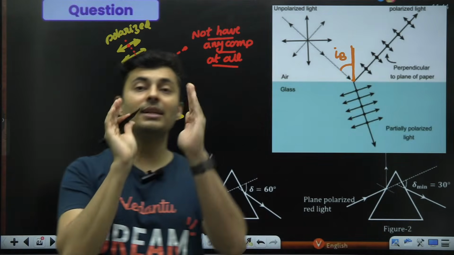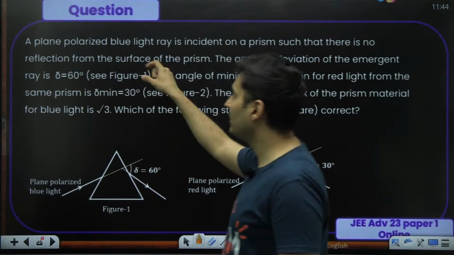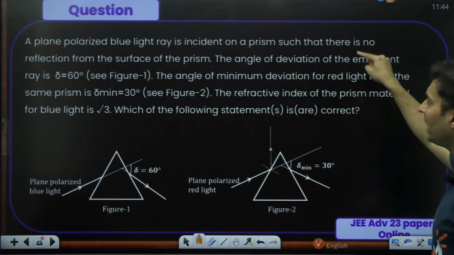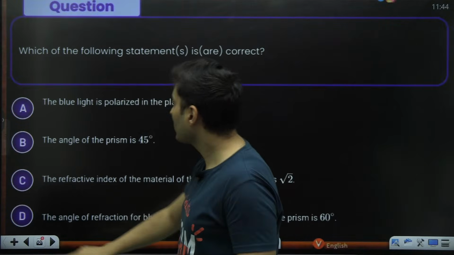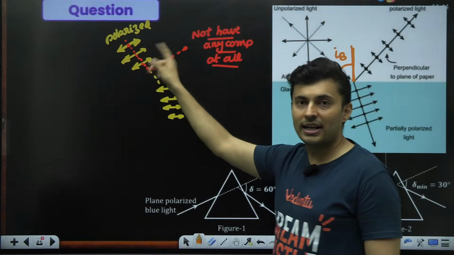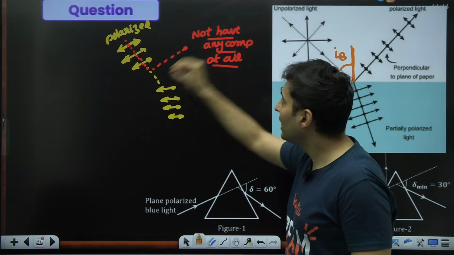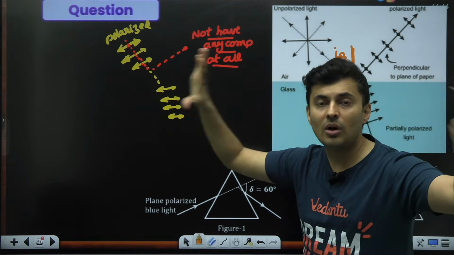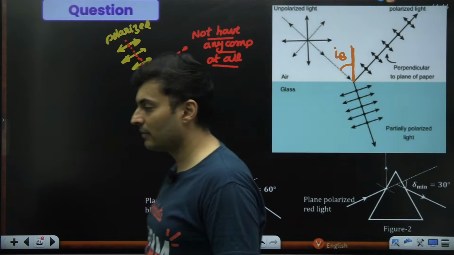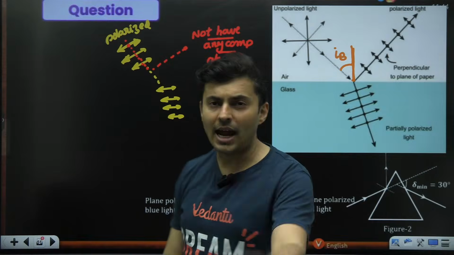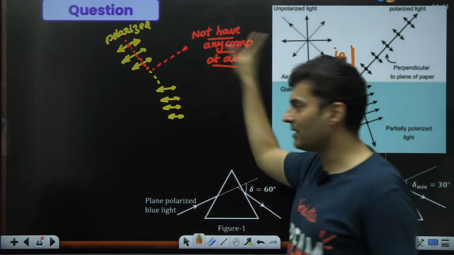Only for mentioning this part, they have given this data. A plane polarized blue light is incident such that there is no reflection, means that the plane of polarization of that blue light is such that the reflections caused are not going to have any components. So all the light will just get refracted, and the angle of incidence for which this can only happen is the Brewster's angle.